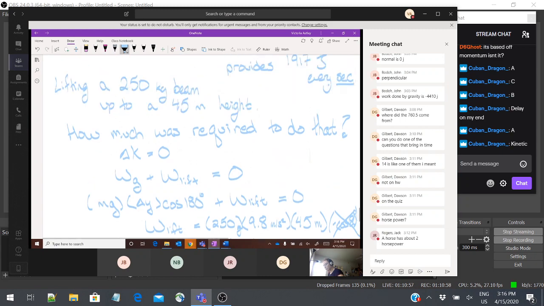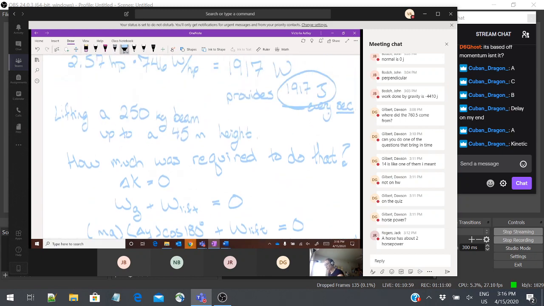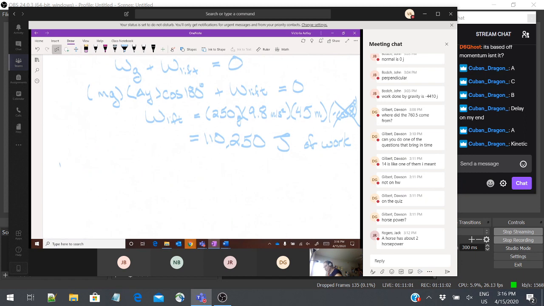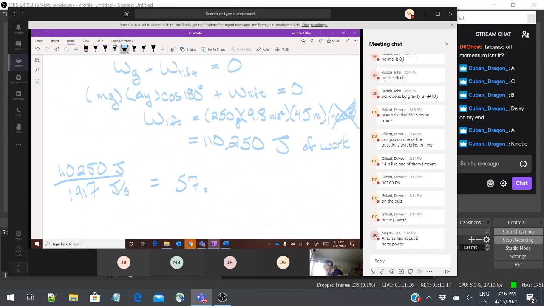So if we can provide 1,917 joules every second, we just divide 110,250 joules by 1,917 joules per second, which gives me 57.5 seconds to make that trip.